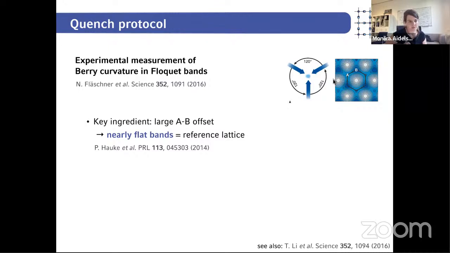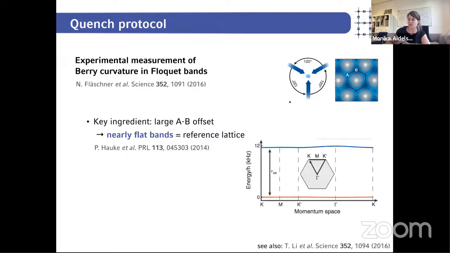And the key ingredient that is used in the sequence is a projection to a hexagonal lattice with very large AB sublattice offset. In this case, you basically decouple all the sites. So the bands become flat, and the energy difference between the bands is given by the sublattice energy difference delta AB.